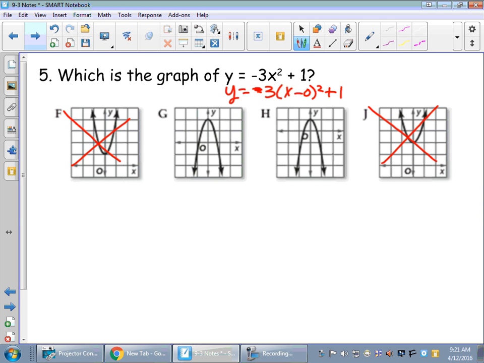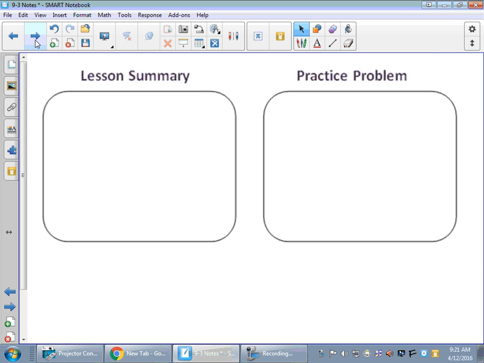Looking at the other two, I know that I did not shift to the left or to the right any. And I went up 1. Looking at these graphs, g goes up 2 and h went up 1. Therefore, h is the correct answer. So just applying those transformations that we learned in class doing our activity.